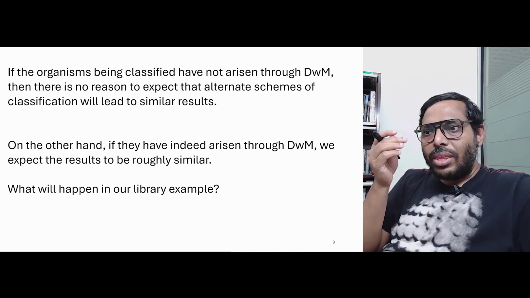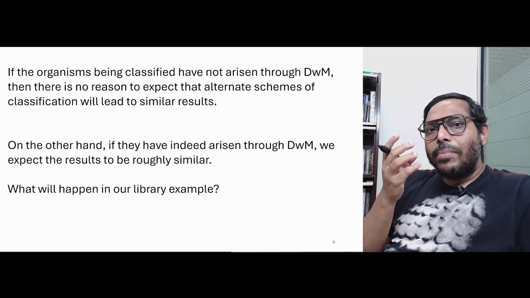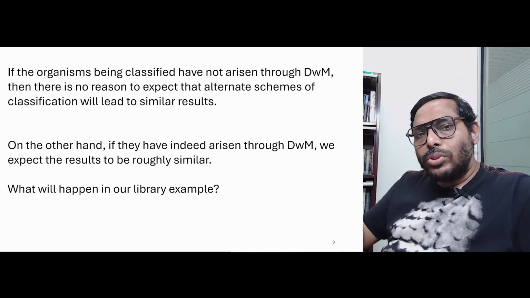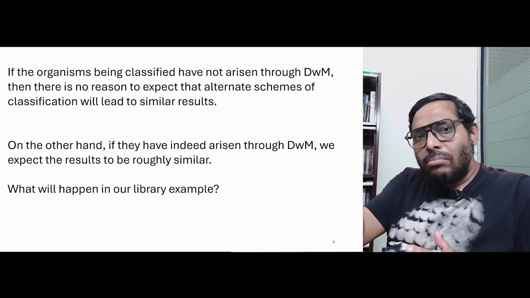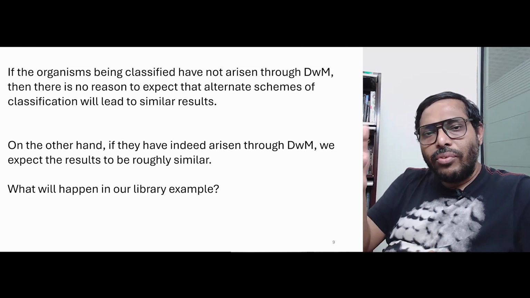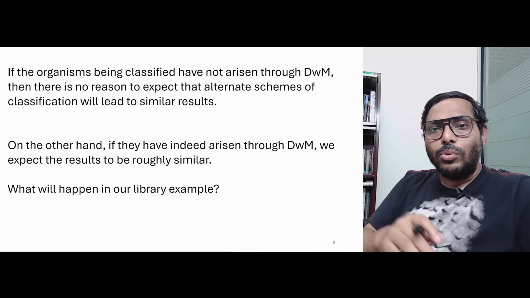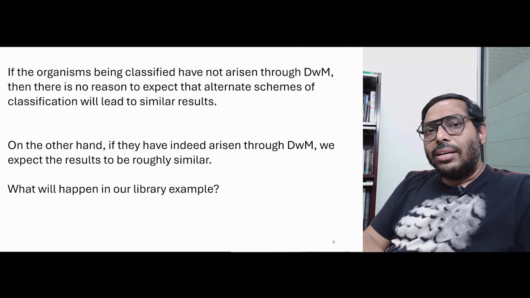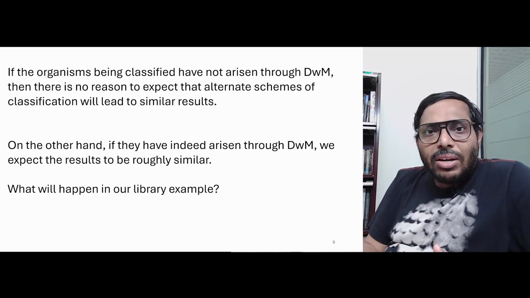However, in our context, if we end up, instead of using morphological features, using some other information to figure out how organisms are related to each other, or even taxonomically how they relate to each other, then what is going to be the result? But before we ask that question, we have to ask what other information can we use?